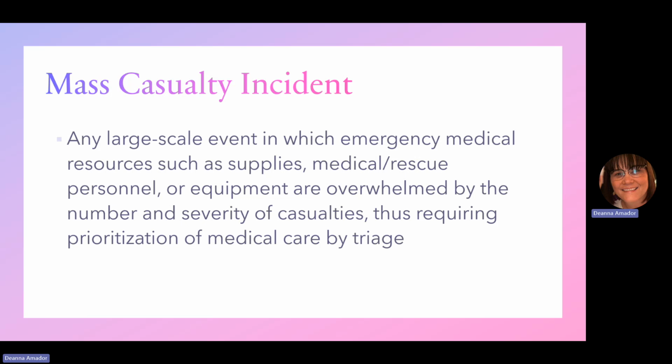So when they had that mass shooting in Las Vegas at that music festival, that was a mass casualty incident, and they did institute these triage, I want to say models, that I'm going to talk about coming up.